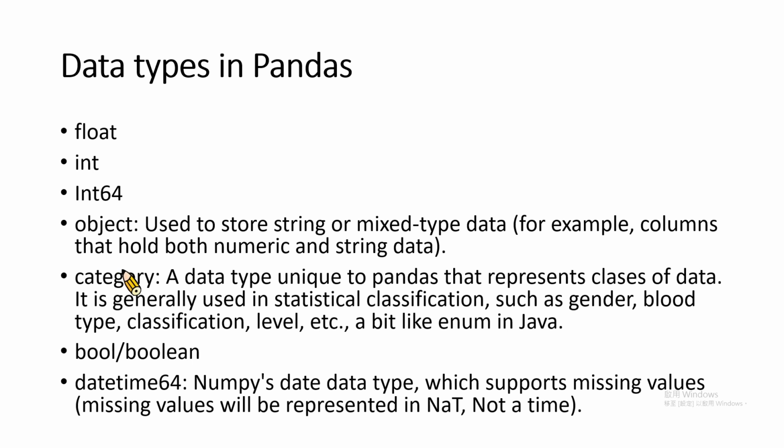And category is used for data classification. You may classify the data into different classes, like gender, blood type, and so on. So it is called a category. And another type is Boolean.